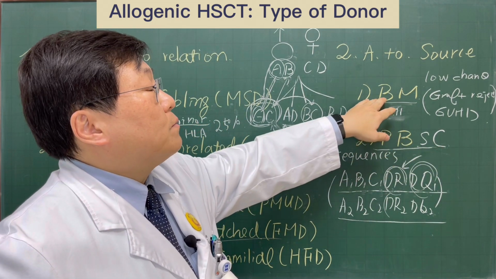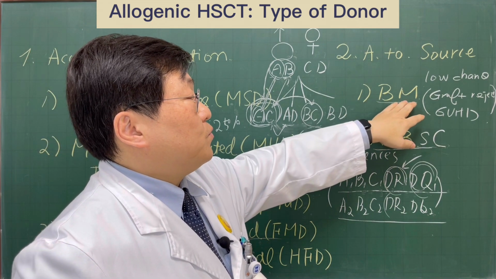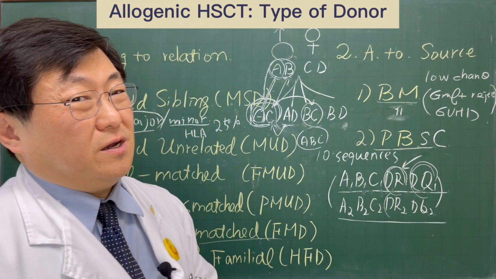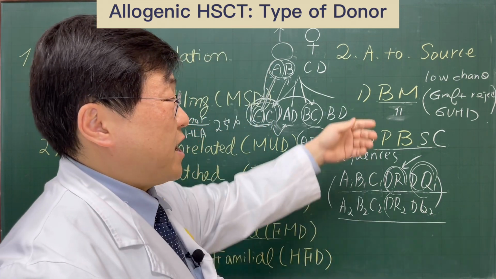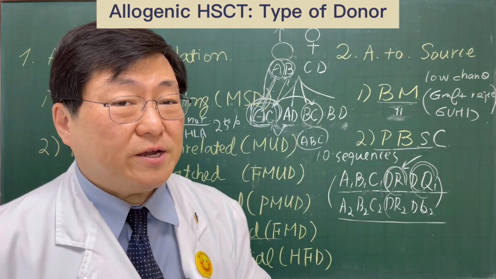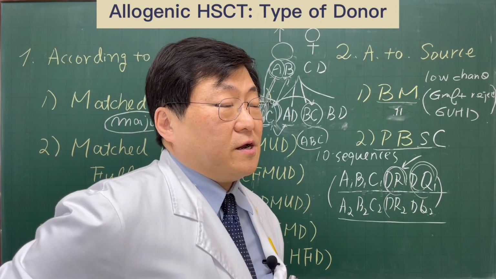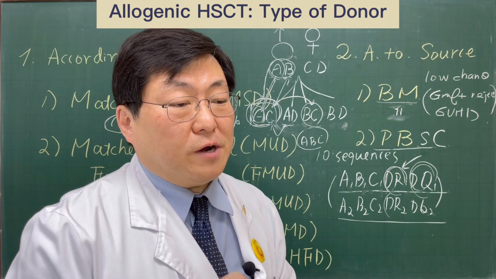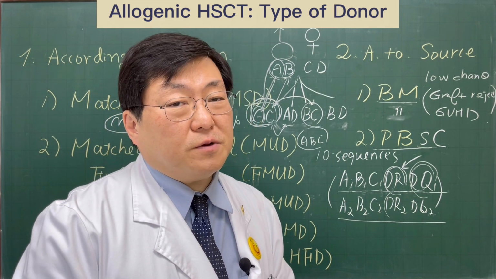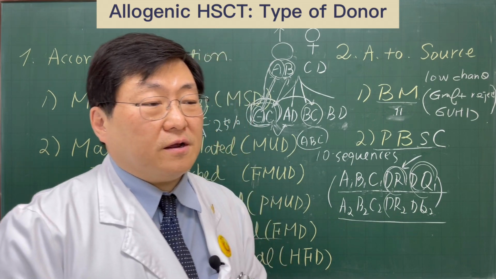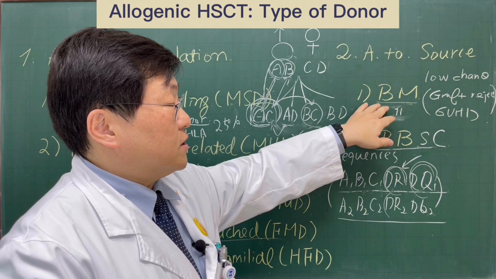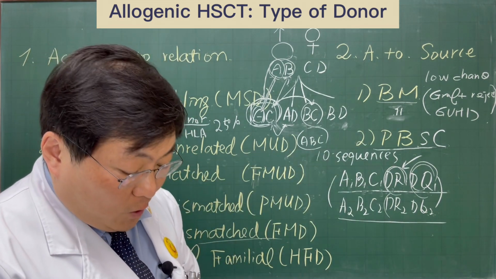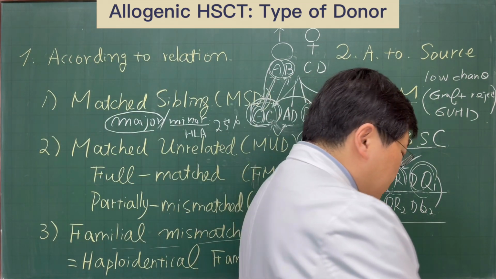But for bone marrow stem cell transplantation, we need to do an invasive procedure, such as general anesthesia and direct puncture of the pelvic bone, a very painful and hard way of achieving the allogeneic stem cell source. So I will summarize my talk.